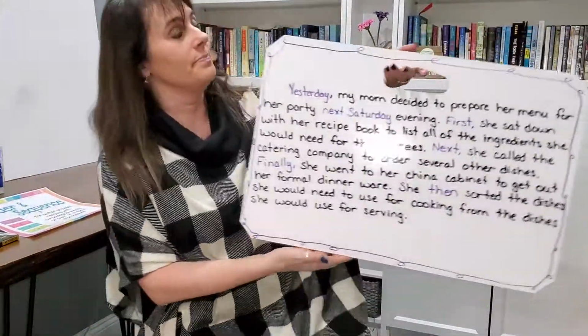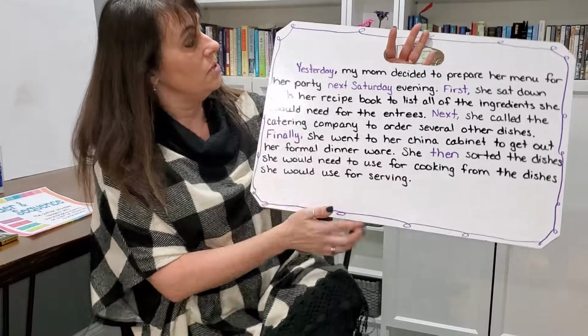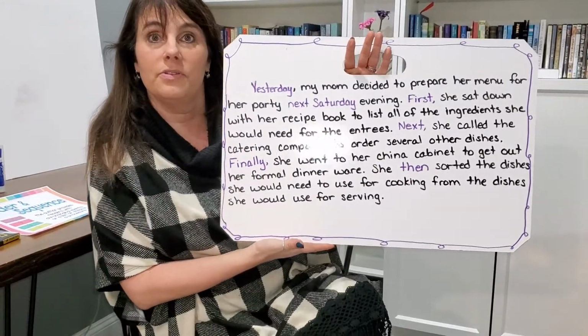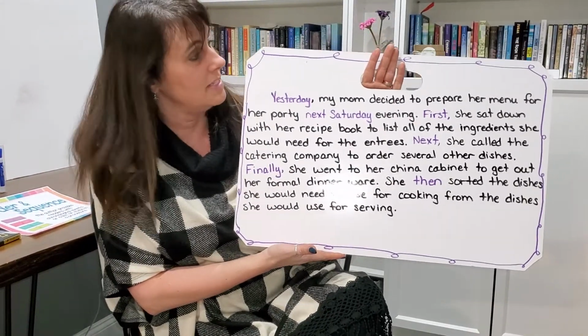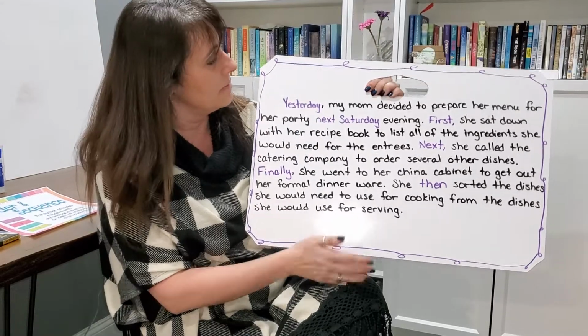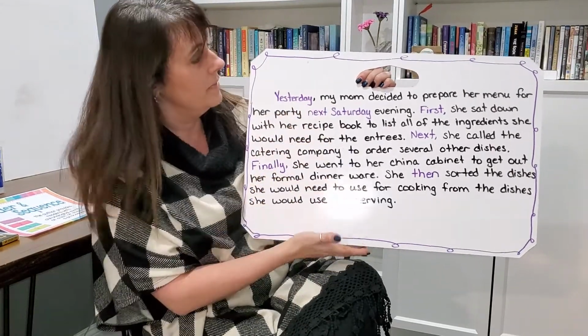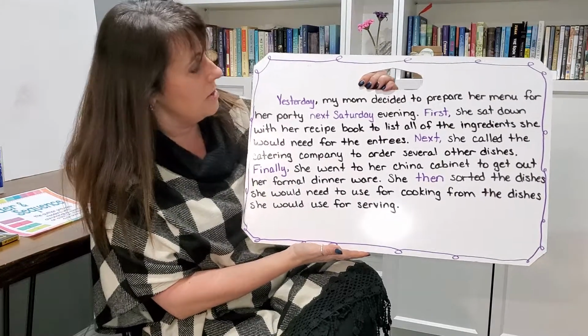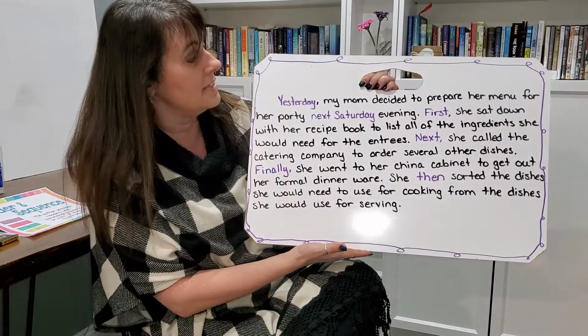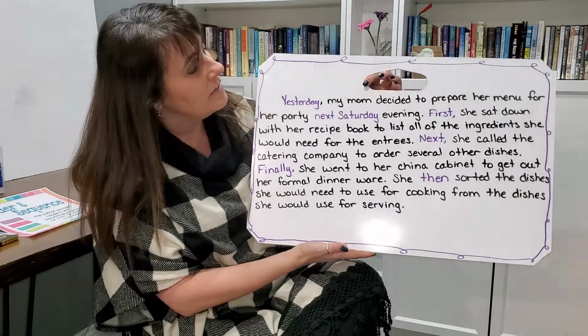All right, here's a short little story using those keywords. You notice that they're in purple so that they're a little bit of a different color so that they stand out. So take a look at these keywords. Yesterday, there it is, yesterday, my mom decided to prepare her menu for her party next Saturday evening.